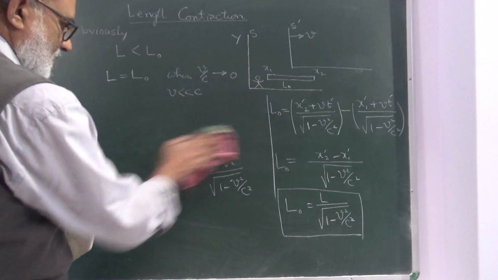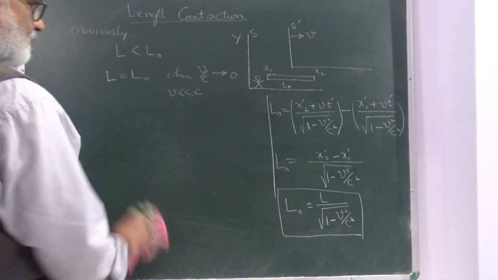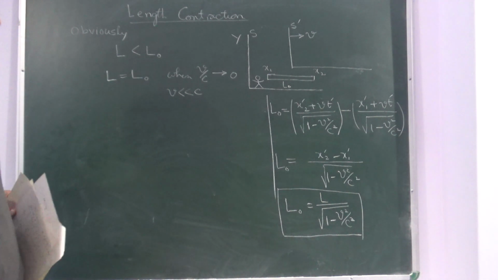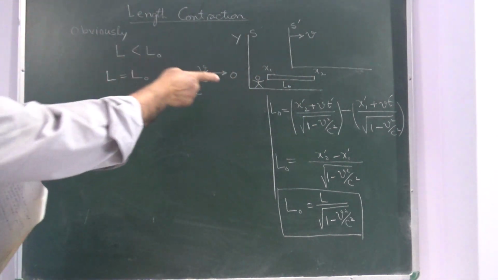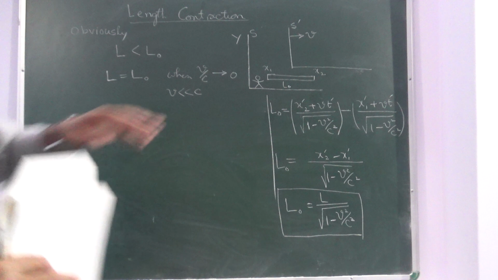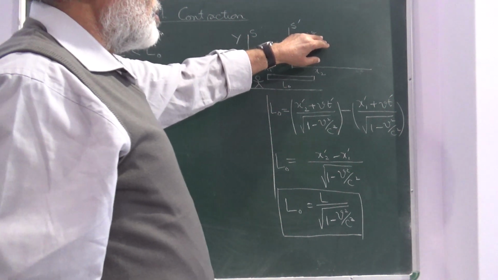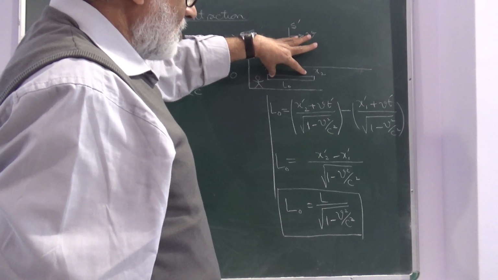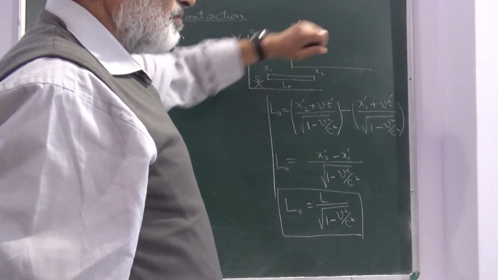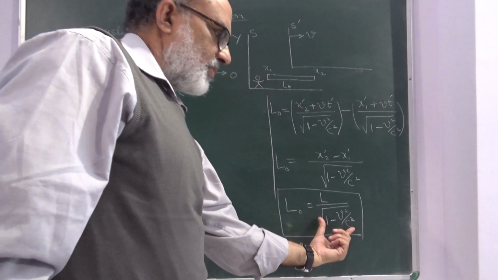This result is simply a length contraction, meaning the length measured from here will be lesser than that measured here. A moving observer will see the same rod shortened by this much.